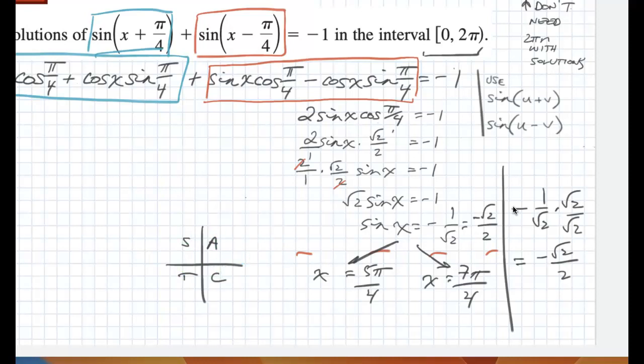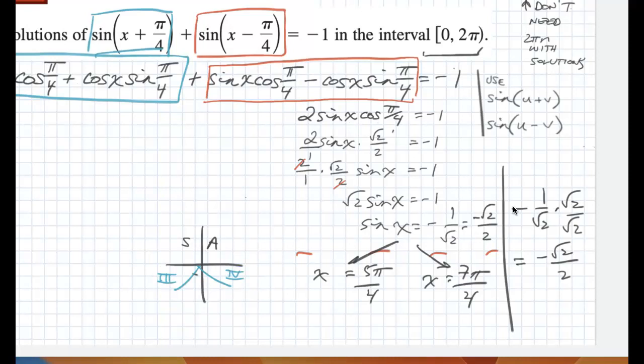So we know that the angle has to be either a terminal side in quadrant over here, or a terminal side in quadrant over here. So it's got to be a 3 or a 4, where the reference angle that you're dealing with is, of course, a pi over 4.